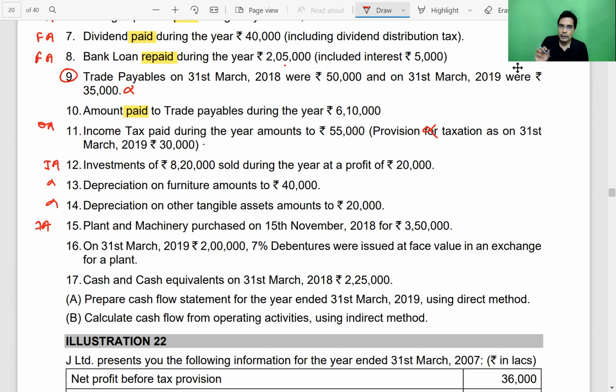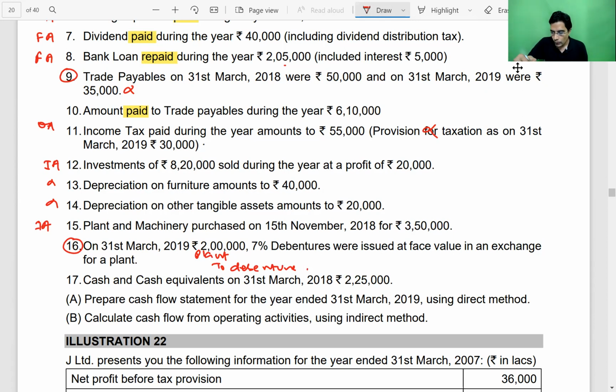If you record a journal entry for this transaction, cash will not be involved. The journal entry will be plant account debit to debenture. Since cash is not involved in that journal entry, it's a non-cash transaction, so it will not be recorded. It will not come up anywhere in the cash flow statement.